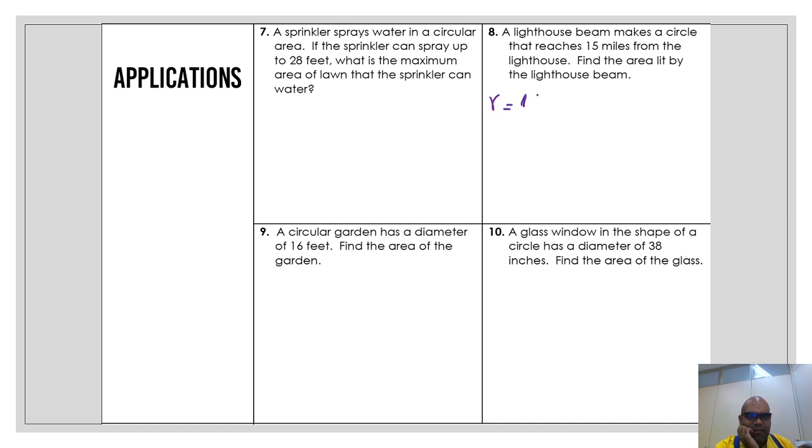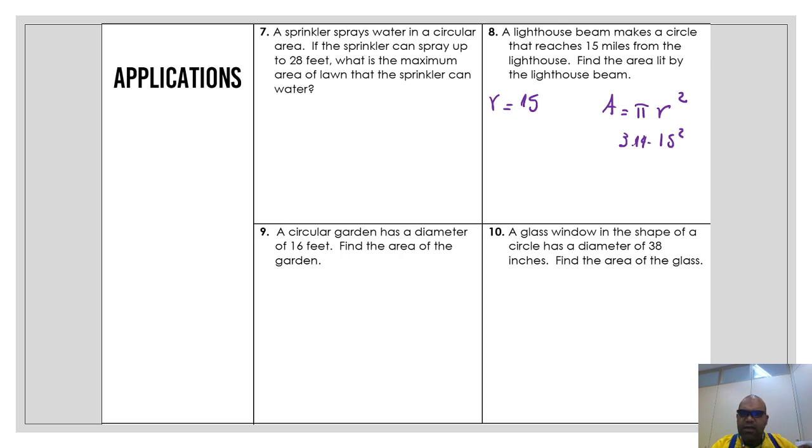Radius is 15 miles. Great. Area equals pi times radius square. It is 15 square times 3.14. 15 square, let's return to our calculator. It is 15 times 15, 225 times 3.14.